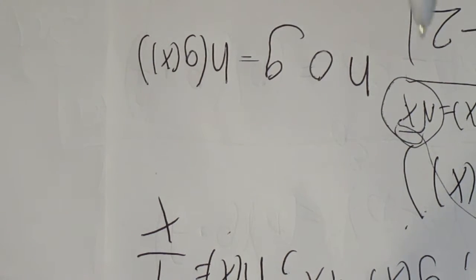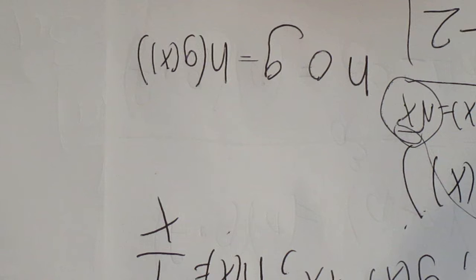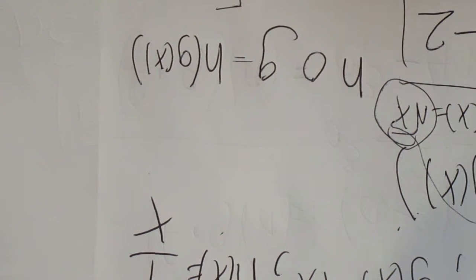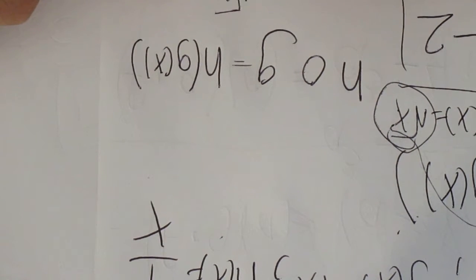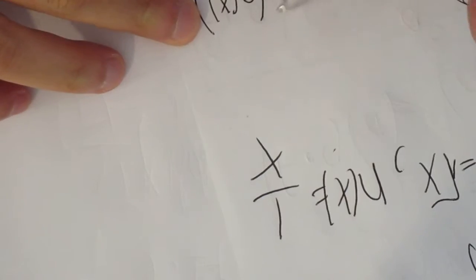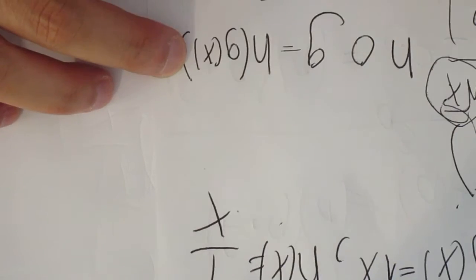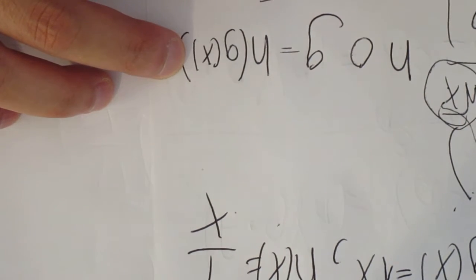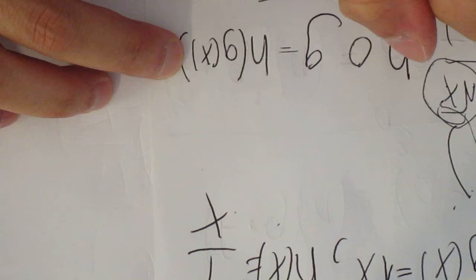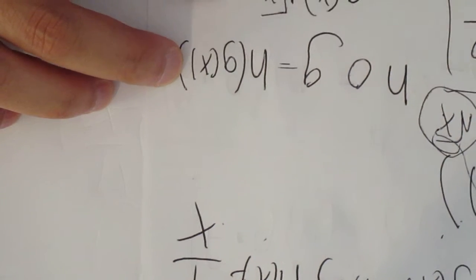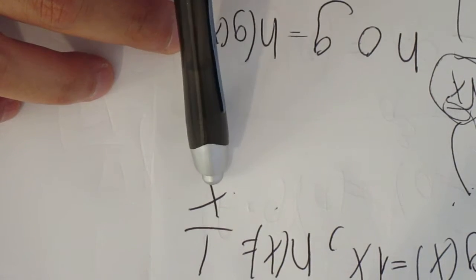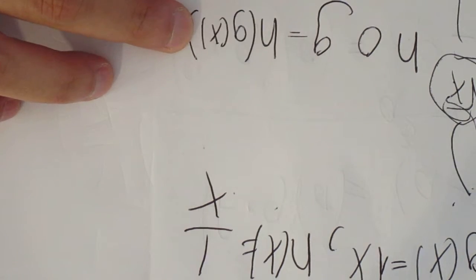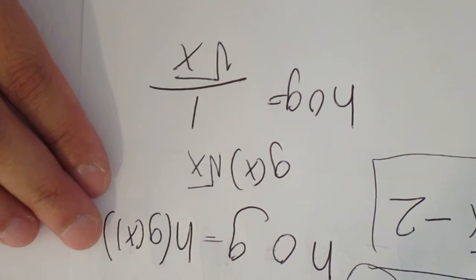So we know that g is square root of x, so we just gotta plug that into the function h of x, which is 1 over x. So h of g equals 1 over square root of x, because g of x equals square root of x, and then we just plug it into the h of x. I know it's not something you'll learn immediately, but you just have to practice and you'll get it.